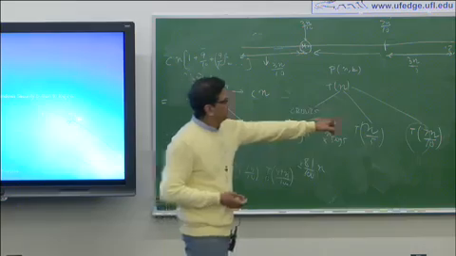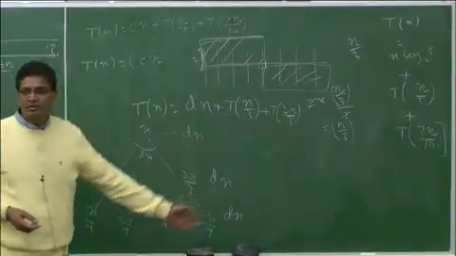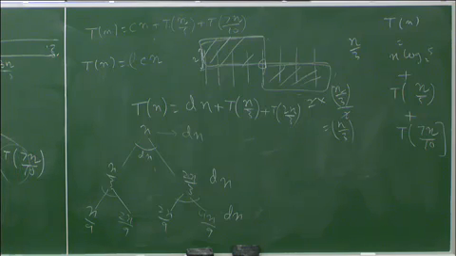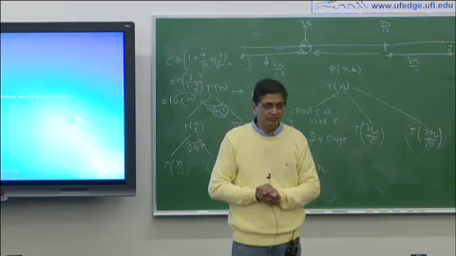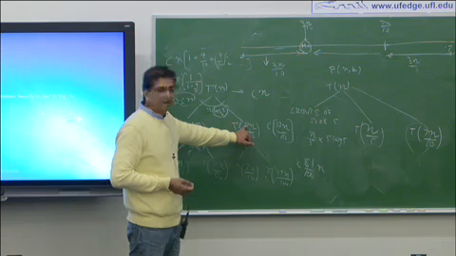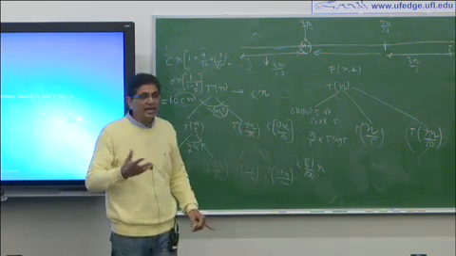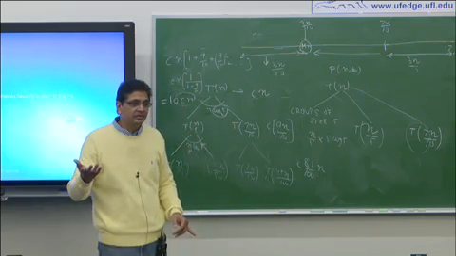In the other case, when we chose k equal to 3, that did not work out because the sum of the two problems was exactly equal to n, and that basically became an n log n algorithm. Now, remember in practice, this 7 n over 10 is the worst case time, right? Because we are guaranteed 3 n over 10 to be removed.